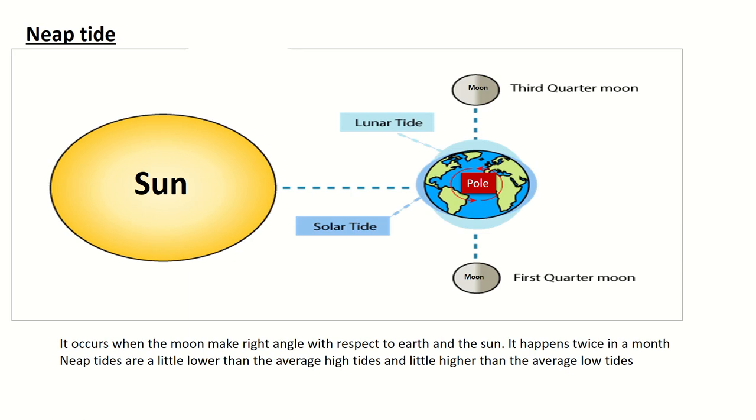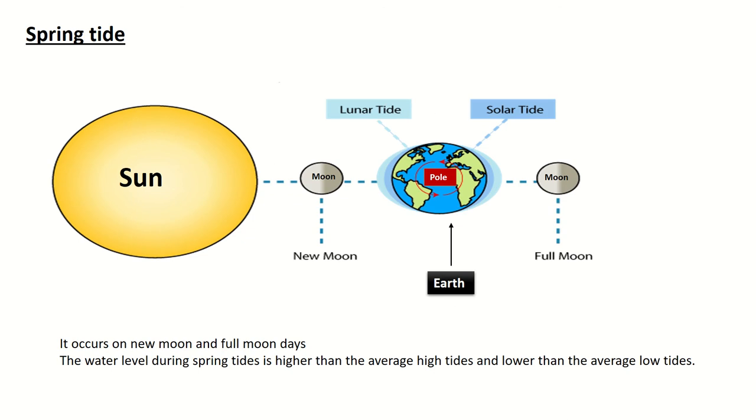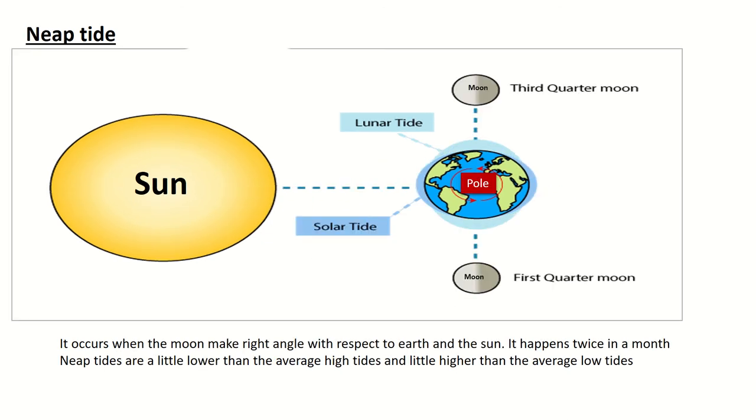The second is neap tide. The first here was spring tide. We have seen that the sun, moon and earth are all lying in a straight line. But here, the moon and the sun make a 90-degree angle at the earth. So what will happen here?